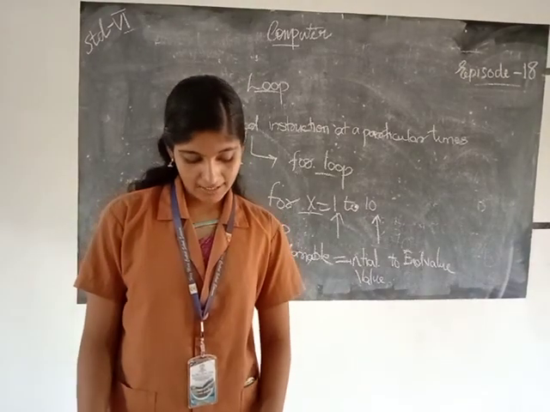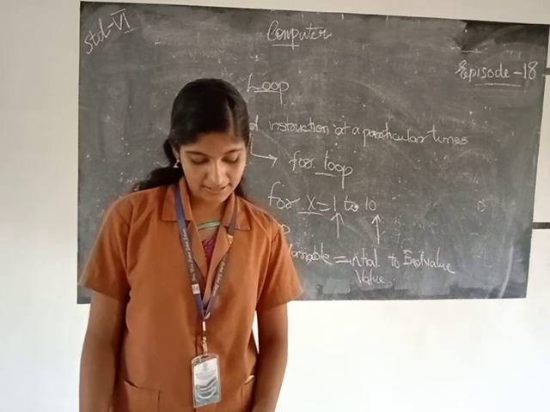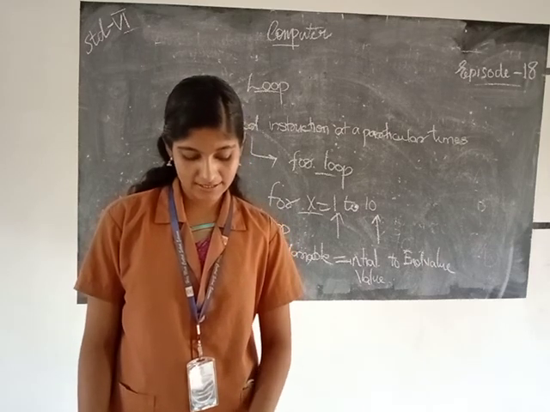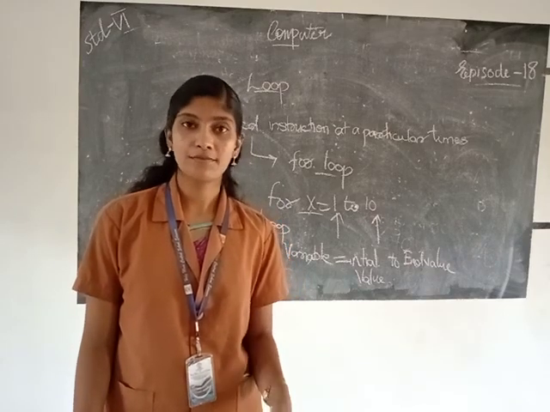So let's take an example. Enter a name A. X equal to 1 to 5 means printing A. So that means print Ishi or any other name up to 5 times.